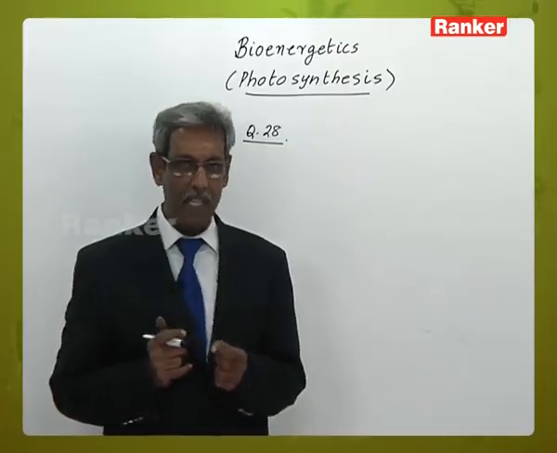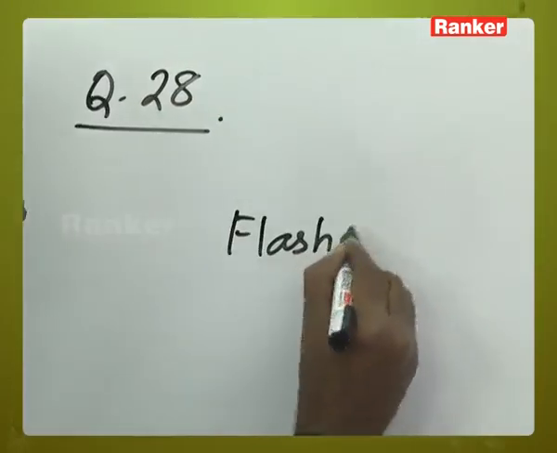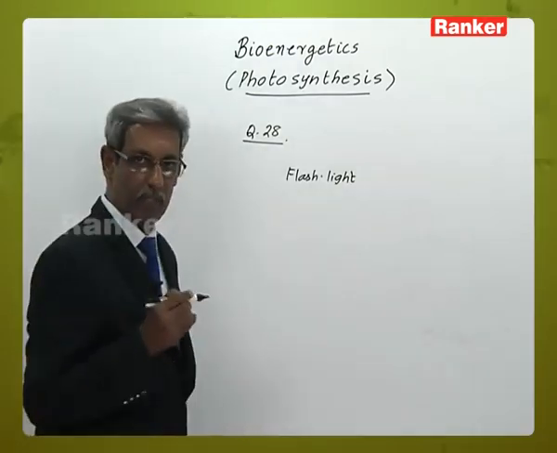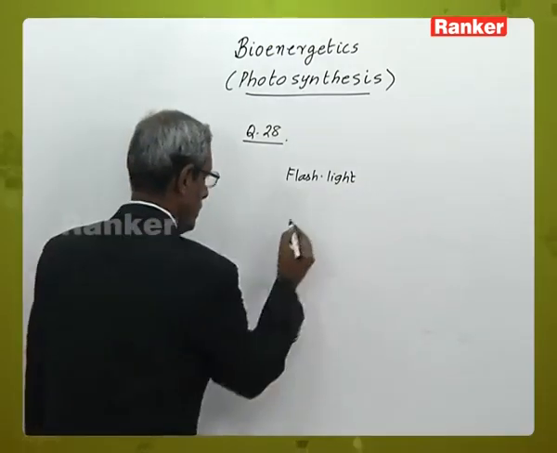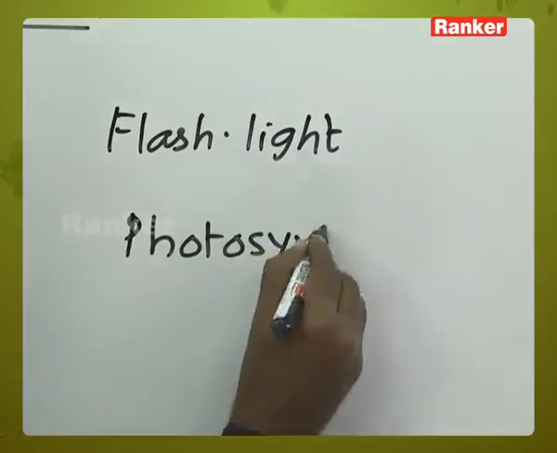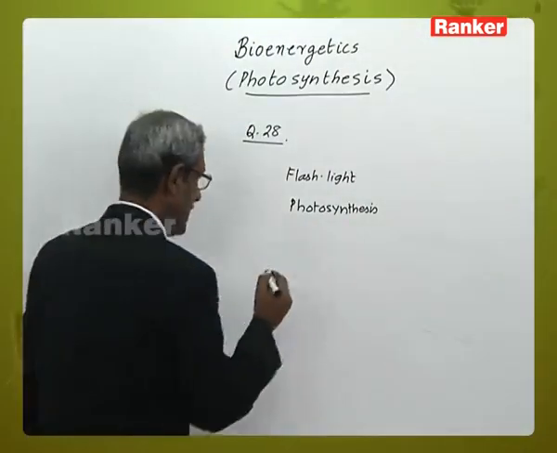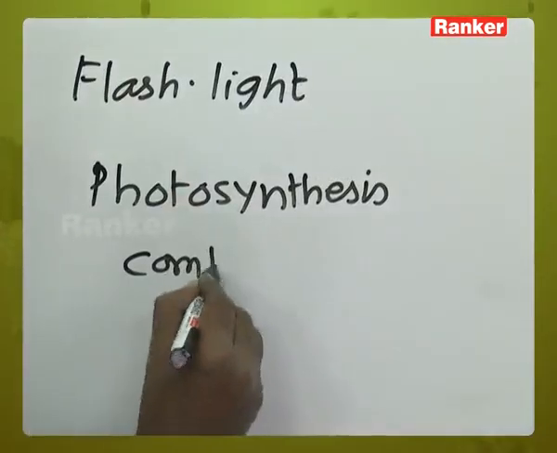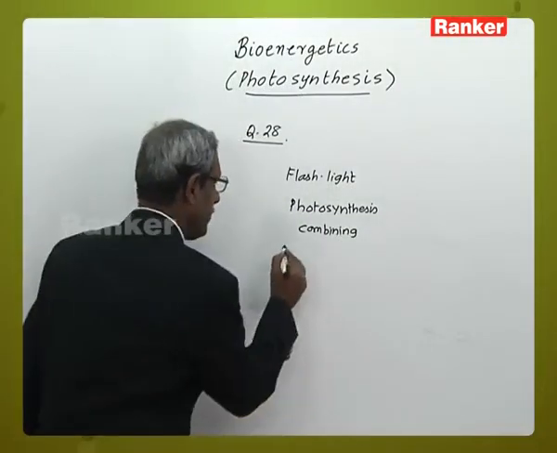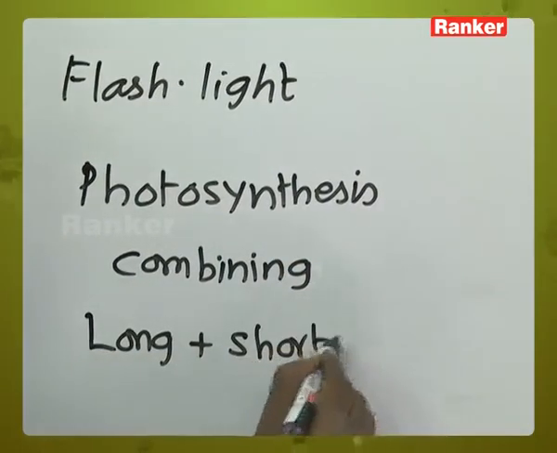So, when you take the flashlight experiment, the flashlight experiment in photosynthesis refers to studying photosynthesis by synergizing or combining a long wavelength of light with another short wavelength of light.